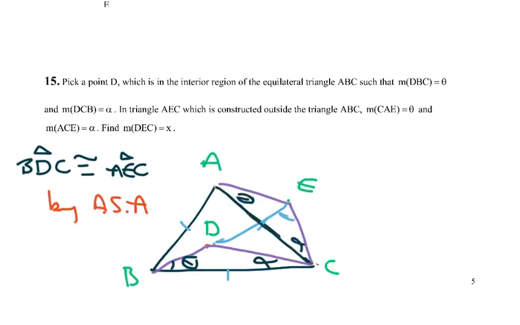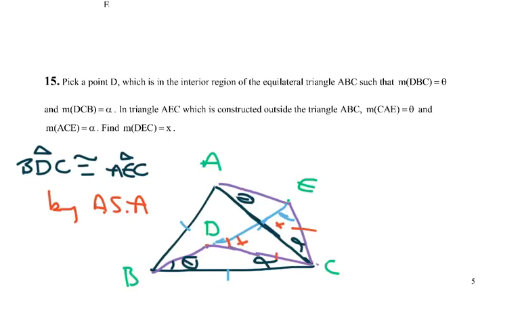Well, if we've got two congruent triangles, then that means that DC is equal to EC. And that means that this angle here, if we call it X, means we've got X over here as well because we've got an isosceles triangle.